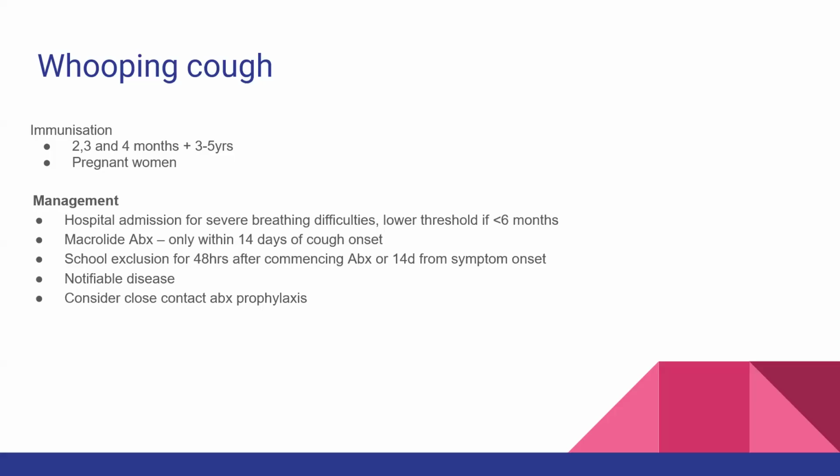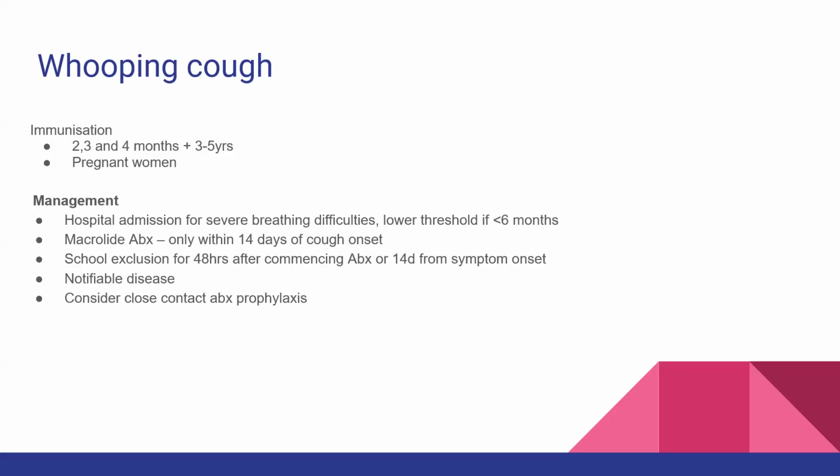But that just means that if someone in your family is a vulnerable child or has contact with children that might be vulnerable to whooping cough, then you can start antibiotics within 21 days. And then school exclusion is, if they are within the time to start antibiotics, then 48 hours after that, or 14 days from the symptom onset.